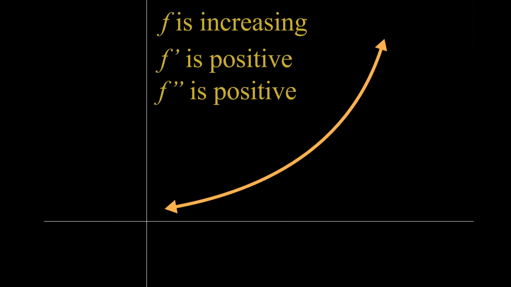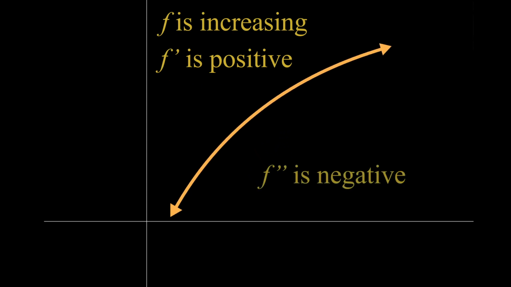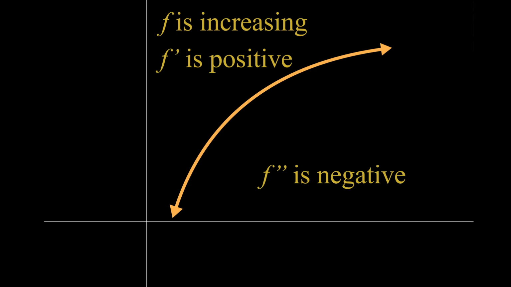Thus, the values of the first derivative are still positive, and since it is now concave up, the value of the second derivative is also positive. Finally, if the function looks like this, the function is still increasing. So the values of the first derivative are still positive, but the function is now concave down, so the values of the second derivative are now negative.